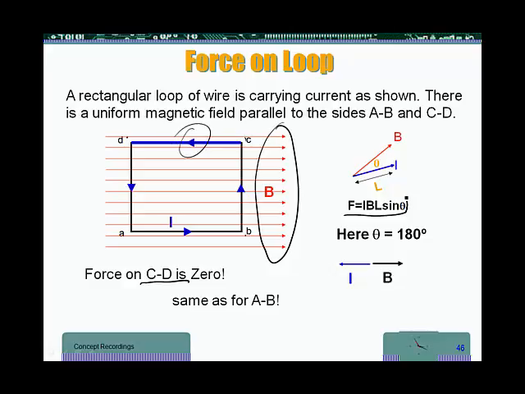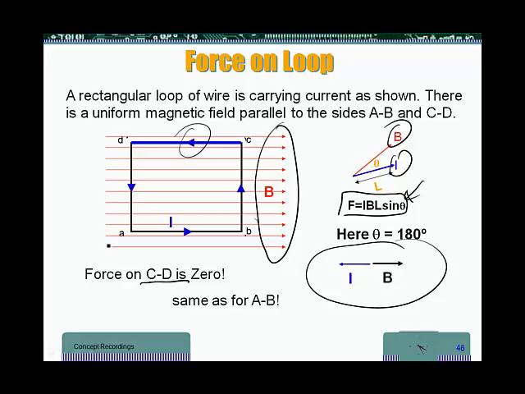The magnetic force acting on the wire should be IBL sine theta, where L is the length between C and D, but then theta is the angle between I, the current, and B. In this case, B is pointing towards the right, I towards the left, so the angle between them is 180 degrees. So the force acting on that segment is 0.